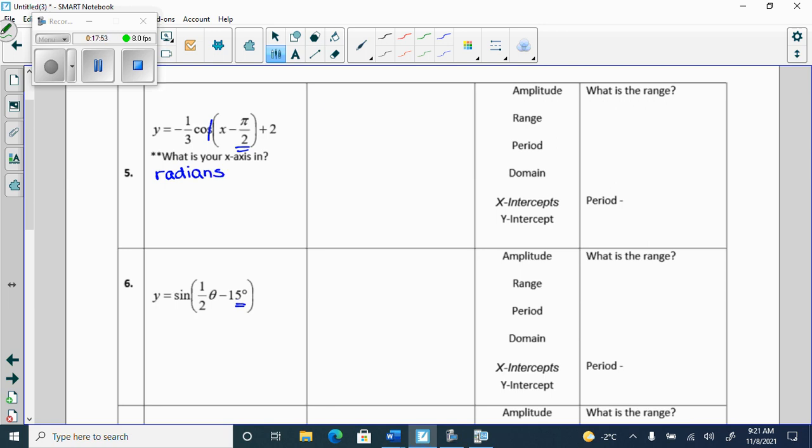All right, so what do we have? We have a vertical stretch by a factor of 1/3 about the x-axis. We have a reflection in the x-axis.